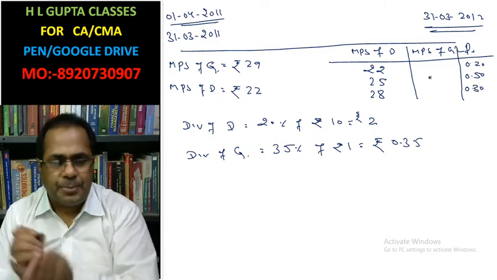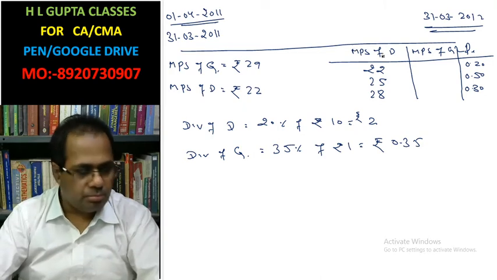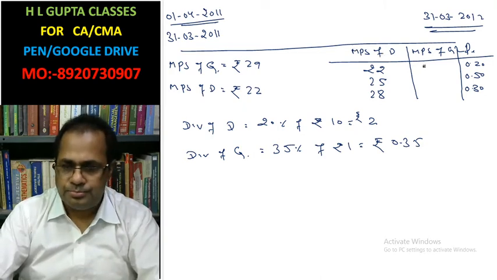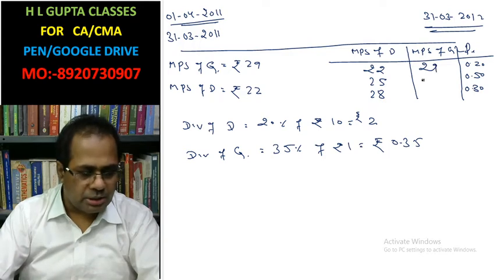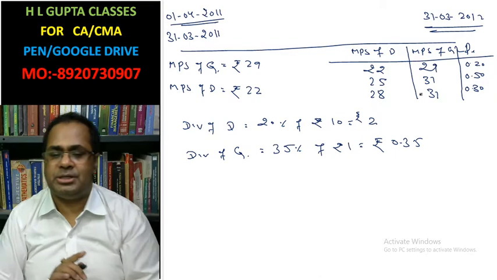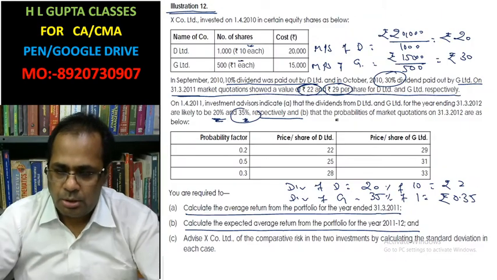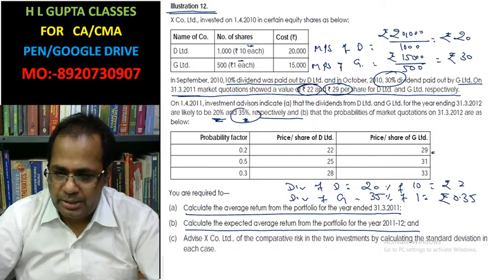Again, market price of G is 29, 31, 33, and the same probability is given. Look at it: 29, 31, 33, 22, 25, 28.